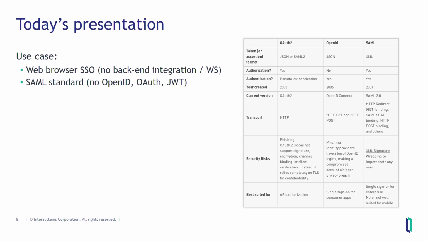Last thing I wanted to mention, here at the bottom, is that SAML may not be well suited for mobile. Actually, I find this quite arguable because in the case of HealthShare, a lot of the SAML processing is done on the server side, so it's not so much a problem of the mobile application as it is about the server end capability.